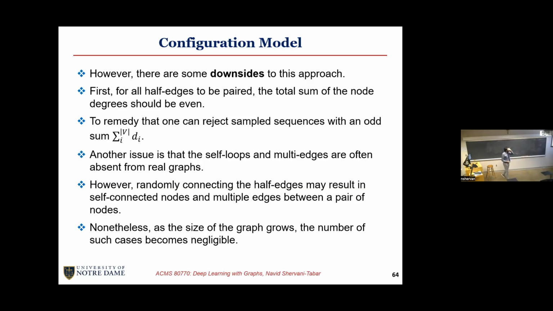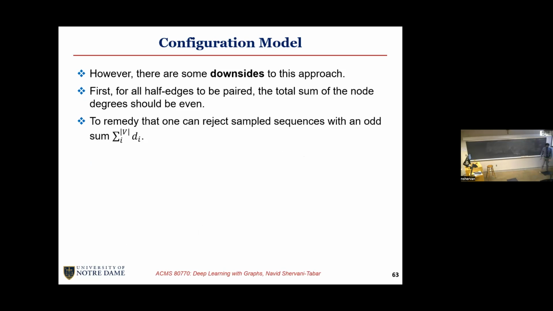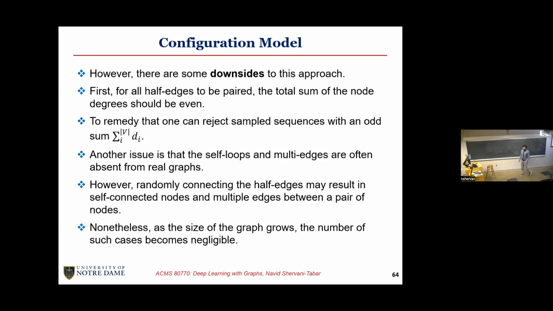Another problem with this approach is that we might encounter self-loops and multi-edges. As we saw in the previous example, we had a self-loop here and multi-edges here. But that's not something that you usually see in real-world graphs.